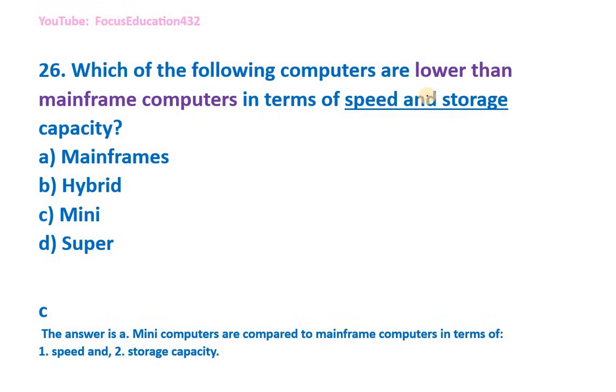Now, which of the following are lower than mainframes? Hybrid? What is that? Mini. A supercomputer is very powerful, the most powerful computer available in the world. So minicomputers, just say mini, small, are lower than mainframes in terms of speed and storage. Mainframes are very large in performance or processing.